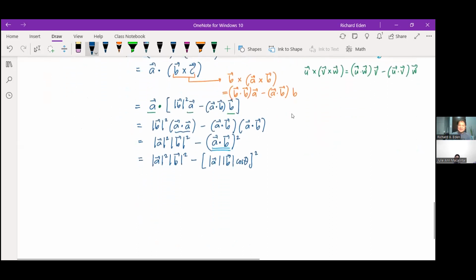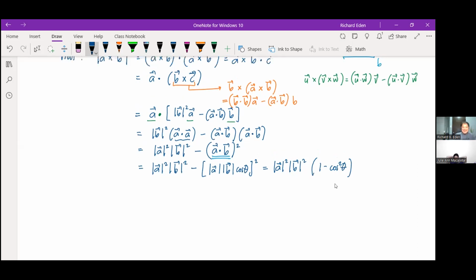Can you see what's going to happen next? I think maybe there are common factors. Yes, there's a common factor, the absolute value of A and B, squared. And then what's left is 1 minus cosine squared theta, which of course is definitely the trigonometric function sine squared.